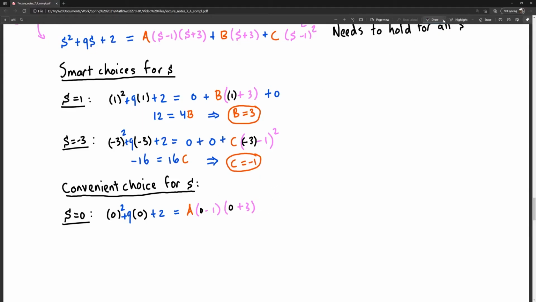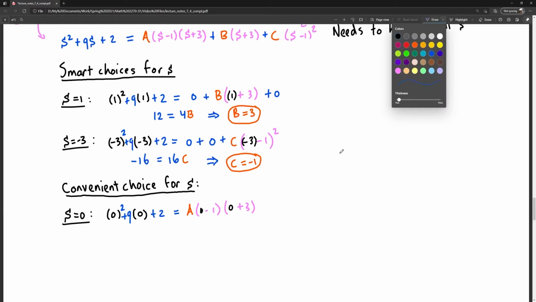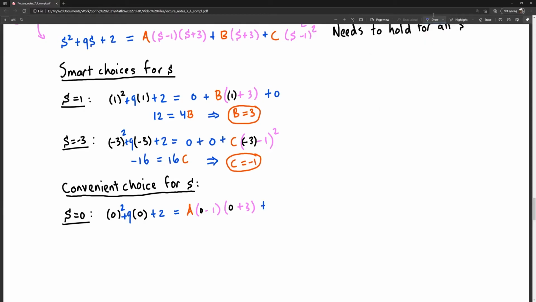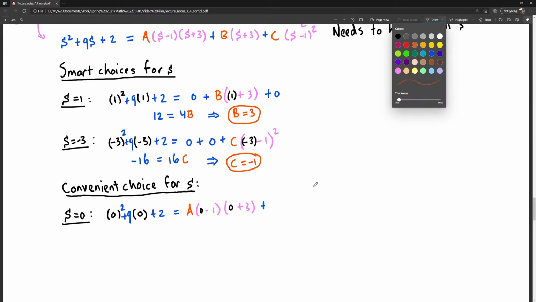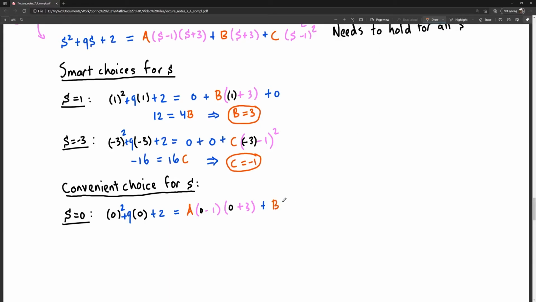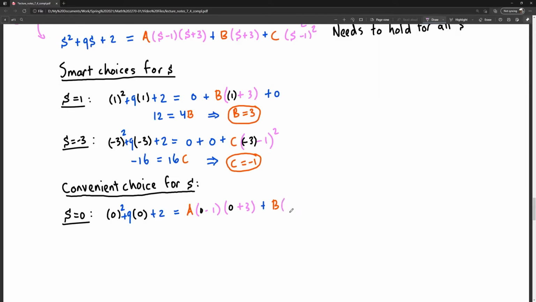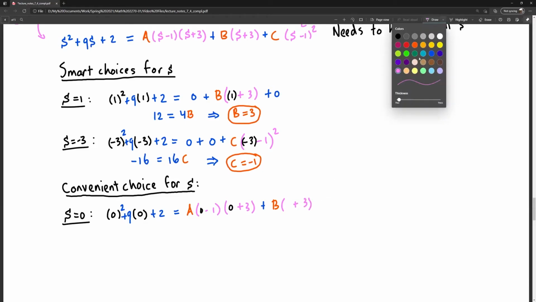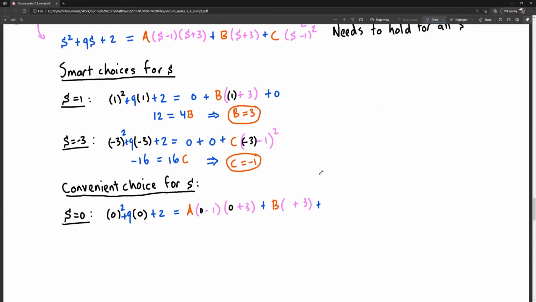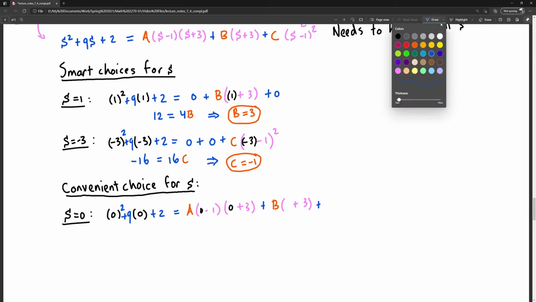And then plus B times 0 plus 3, and then plus C times 0 minus 1 squared.